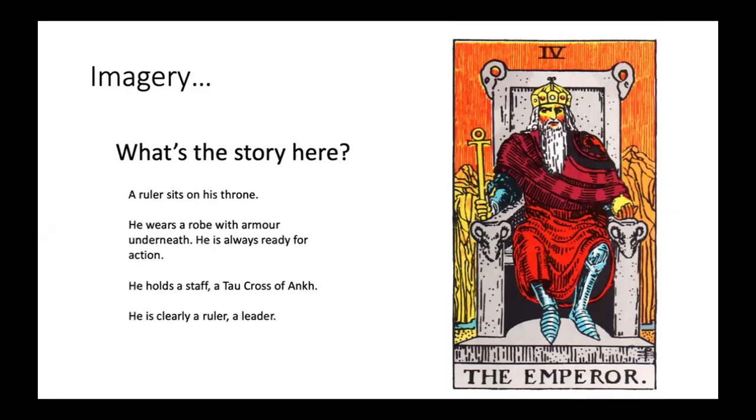So there's the story. A ruler sits on the throne. He wears a robe with armor. He's always ready for action. He holds a staff with the Tau cross on it. The staff, there it is, looks like a T with a circle above it. It's been described as the Tau cross, but it's very, very close to an ankh, which is a symbol of life.